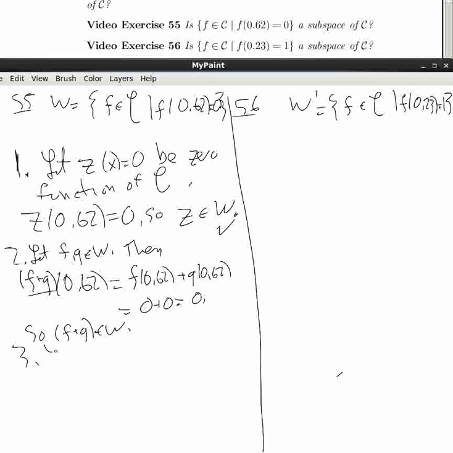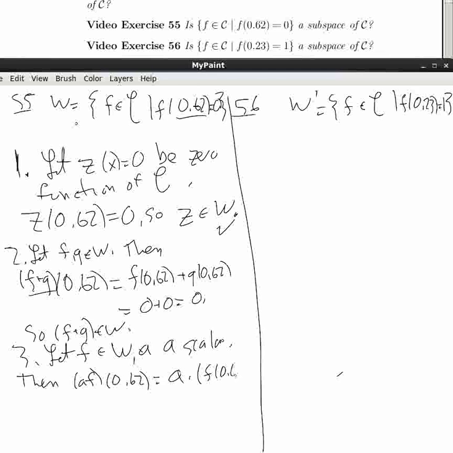And then finally, I'm going to check to see if it's closed under scalar multiplication. Let a be a scalar. Then, is a times f in W? Well, I don't know. The way I check is I can plug in 0.62 and see what happens. That's equal to a times f of 0.62.